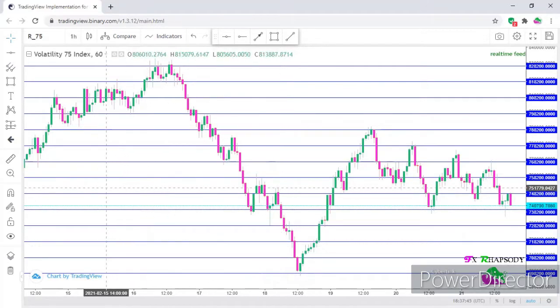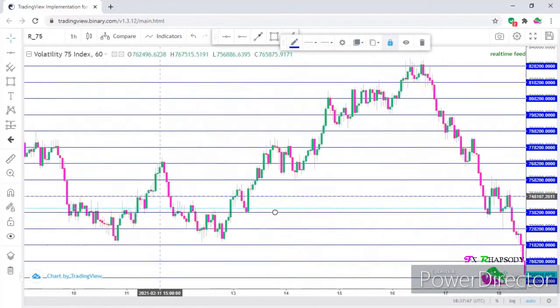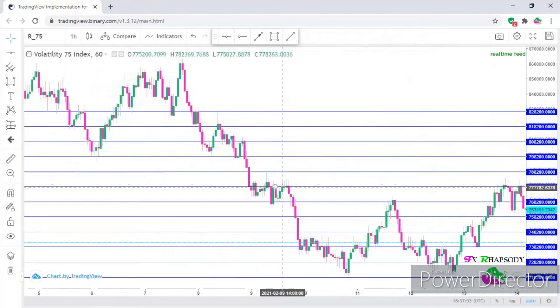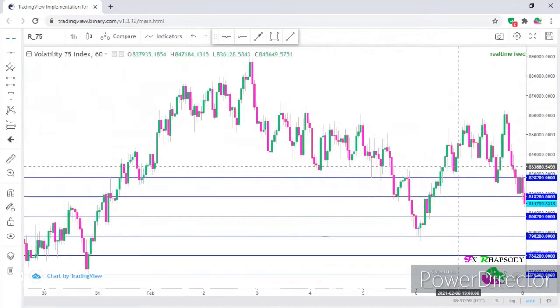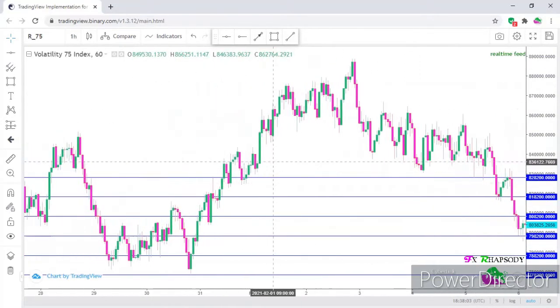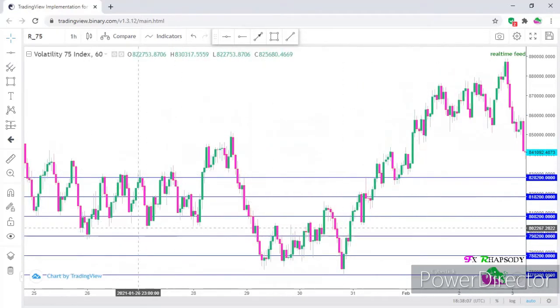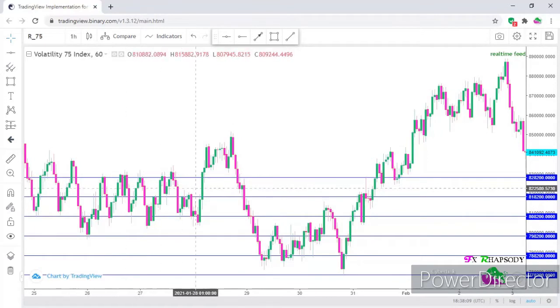Let's just scroll a little bit back. I mean, this is now the 18th. If you scroll back, you can see these lines are always being tested every single time. If you scroll back, it goes up. I haven't drawn it up yet. Price is not up there yet. Always been supported, resistance, retested.